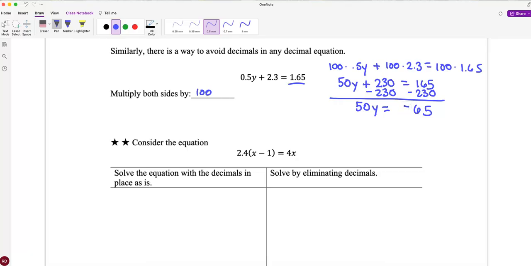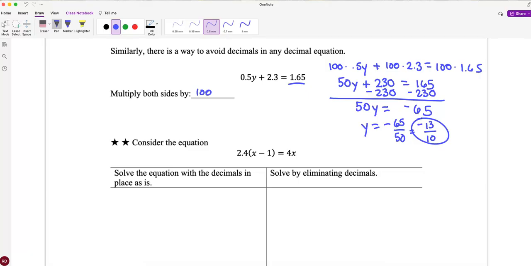Negative 65. So 10 minus 5 is 5. 12 minus, yeah, so it's negative 65. So y is equal to negative 65 over 50. Divide those by 5. Negative 13 over 10.